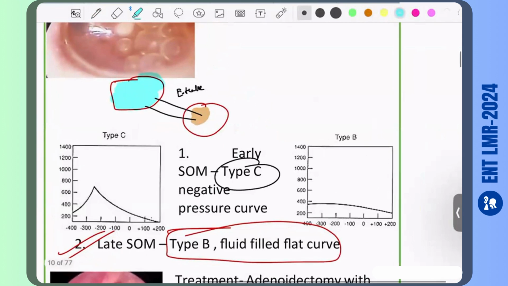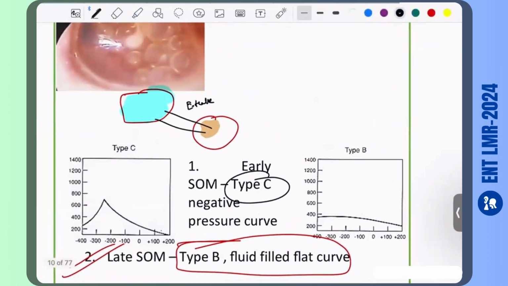What will cause eustachian tube blockage? What is the reason for serous otitis media? The reasons are, in children, adenoid hypertrophy.